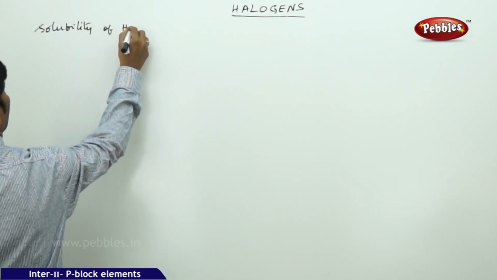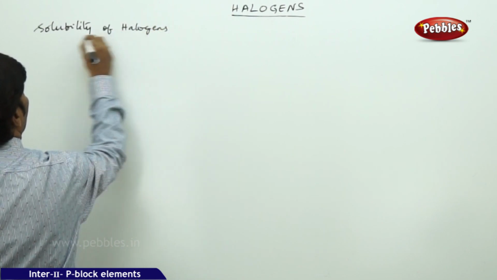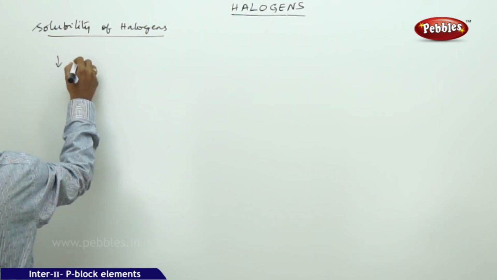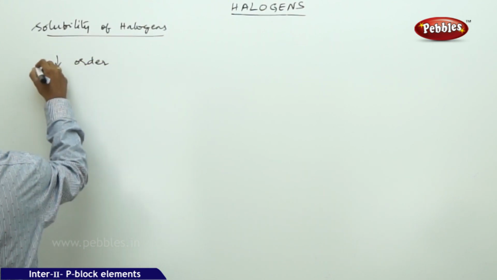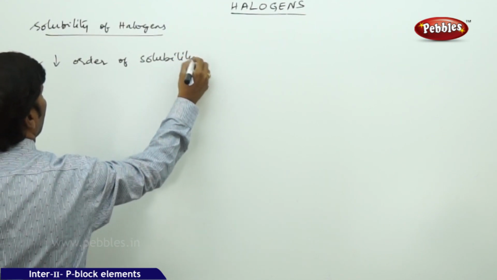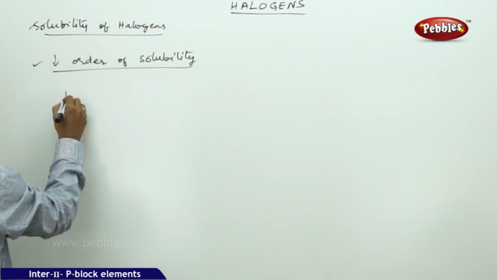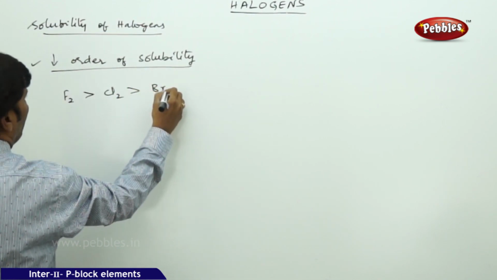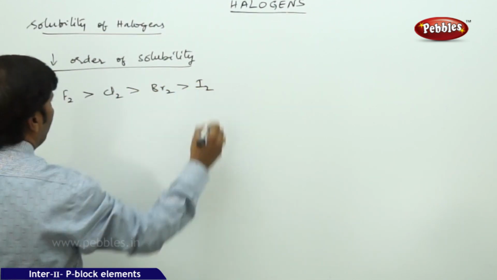Solubility of halogens follows a decreasing order: fluorine is more soluble than chlorine, which is more soluble than bromine, which is more soluble than iodine.